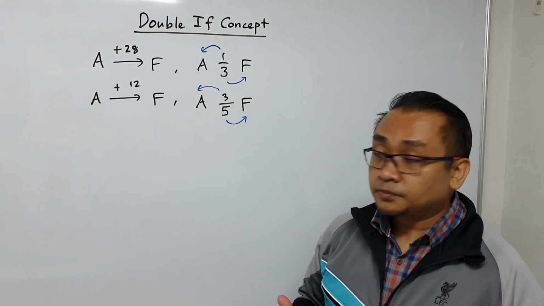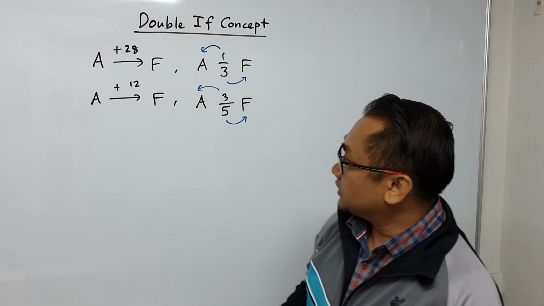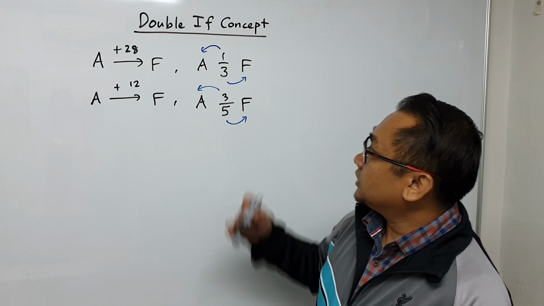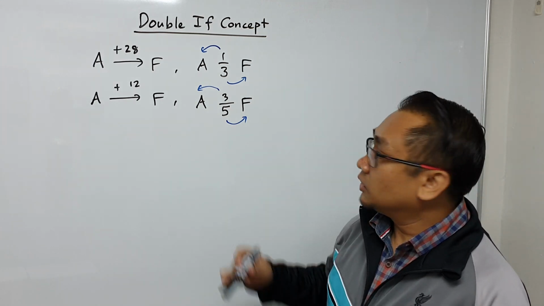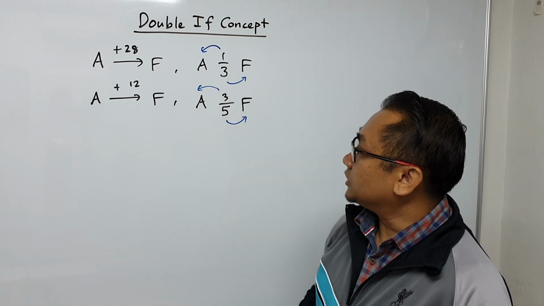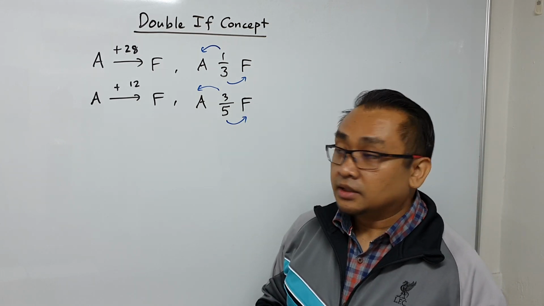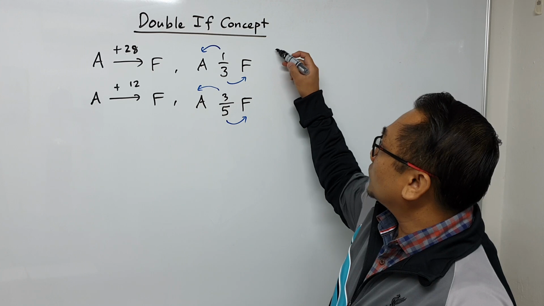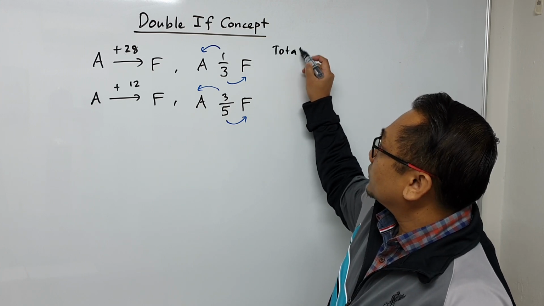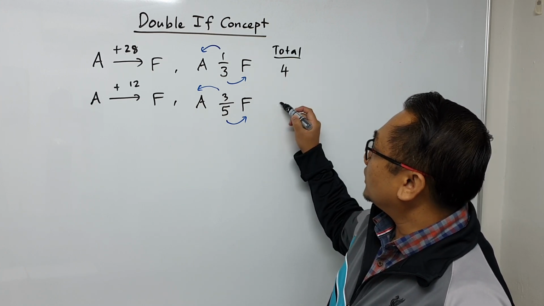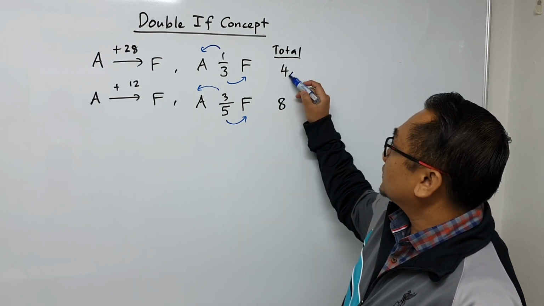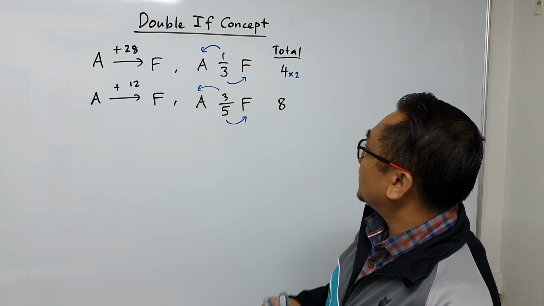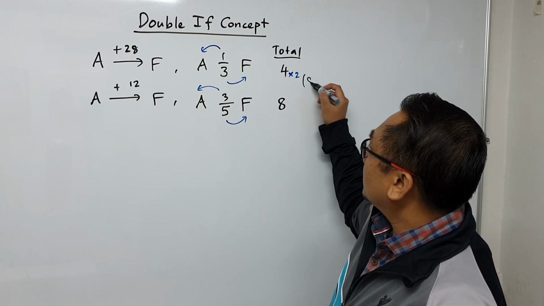But what do we know? The total remains the same. That means here, what is the total? 1 plus 3 equals 4. In the second scenario, the total is 3 plus 5 equals 8. So how do we make the total the same? Here we have total 4 and here we have total 8. To make the total the same, we can just times 2 to the first case to get 8.